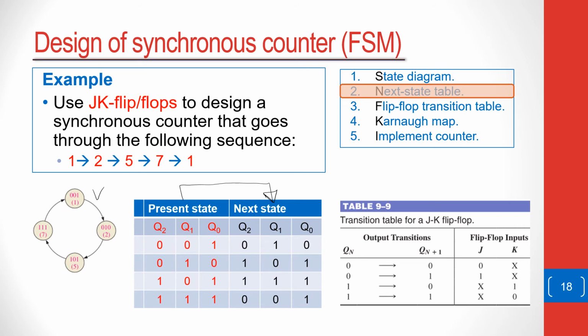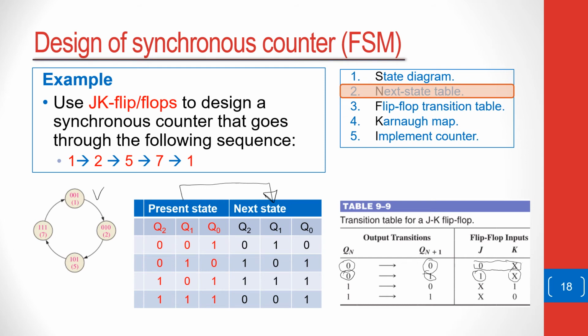So for the JK flip-flop, for a transition from 0 to 0, when you want to remain in the reset state, the input J has to be 0, but the K doesn't really matter. And when you want to transition from 0 to 1, the input J is 1, this is the set state. And when you want to set it, the input J has to be 1, the K doesn't matter.